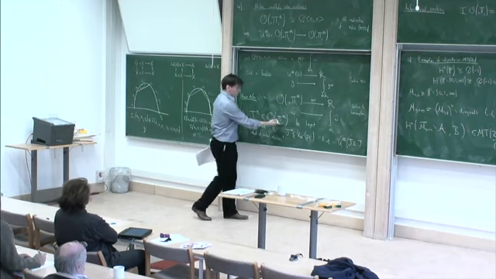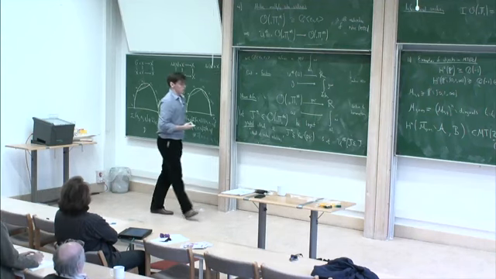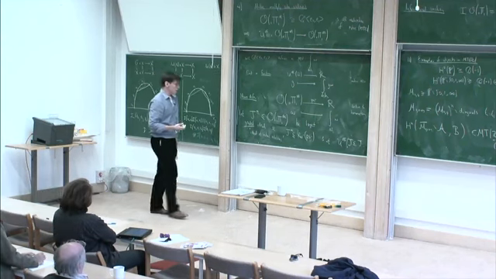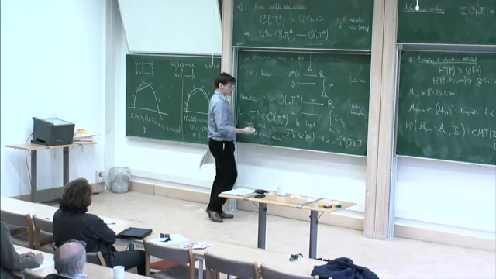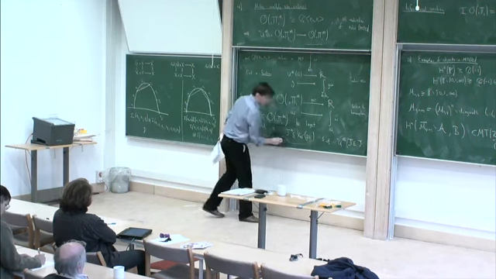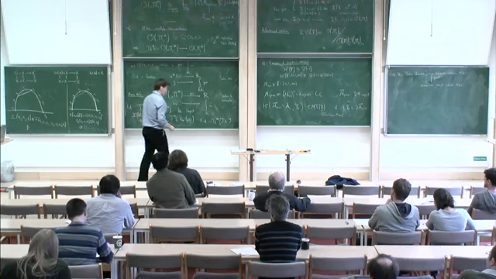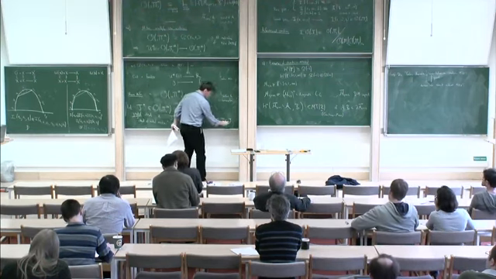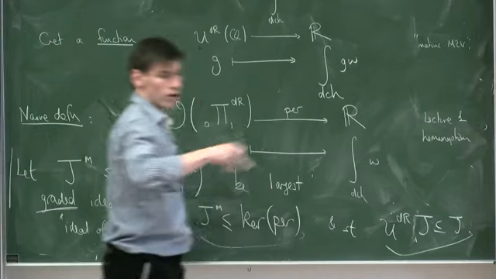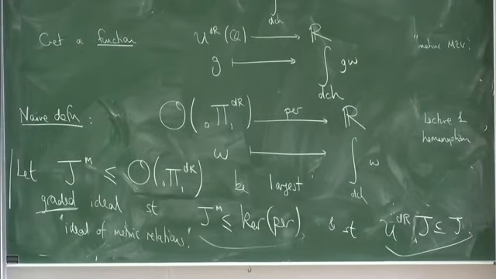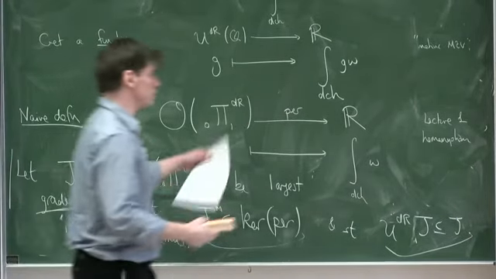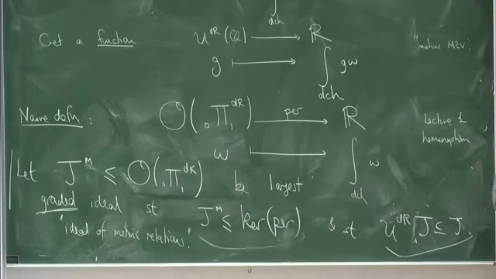Then it's defined over Q, so I only want to write relations with Q coefficients. Then the relation has to be true, actually a valid relation between multiple zeta values. It has to be in the kernel of the period map, otherwise it's nonsense. And then I want not just that this relation is true, but that all its Galois conjugates are true.